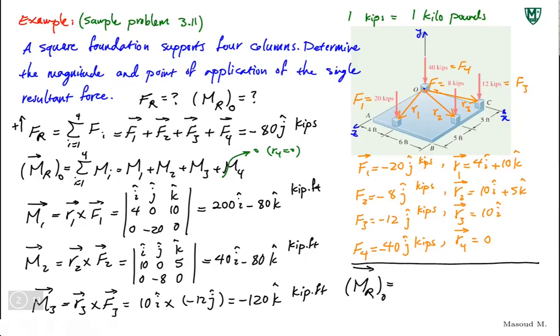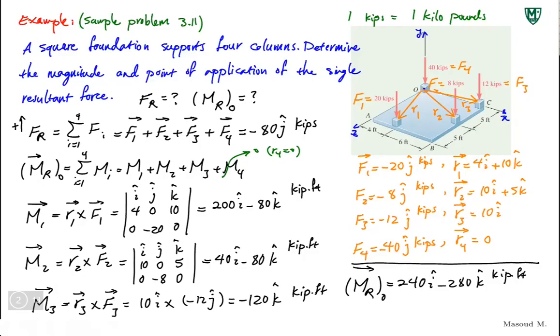So we add them up. We have 200i, 40i, so 240 in I direction. Nothing in j direction. K direction, we have 120 plus 80, 200, minus 280. Right? Minus 280k. Kip feet.